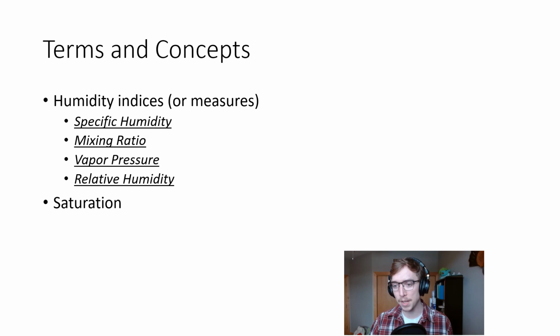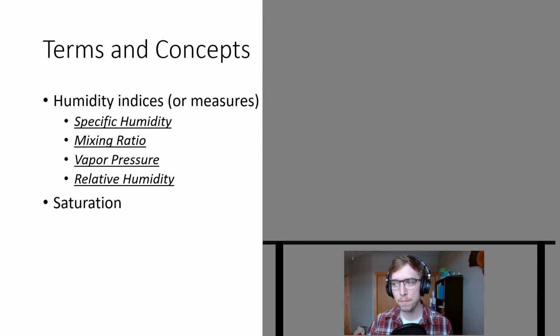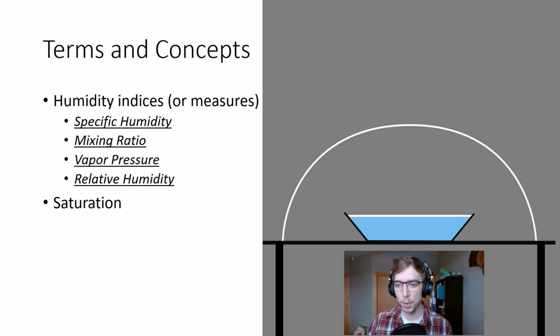So if we were to take an example here, we have our little table with a flat surface of water, and we're going to encapsulate that in a little bubble here, just so that we can look at the pressure. If we are heating, you see that little red strip down there, we're heating this water.